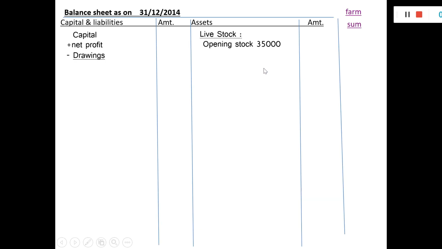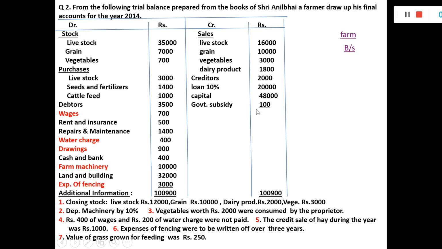Livestock, opening balance 35,000, purchase amount 3,000. Go to the sum. Closing stock of livestock 12,000. It is also written in the balance sheet.